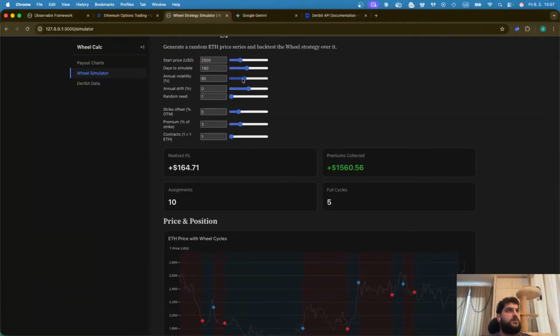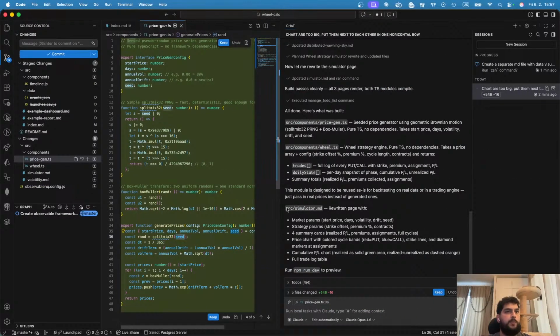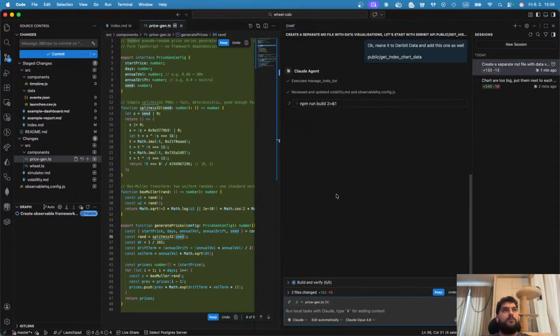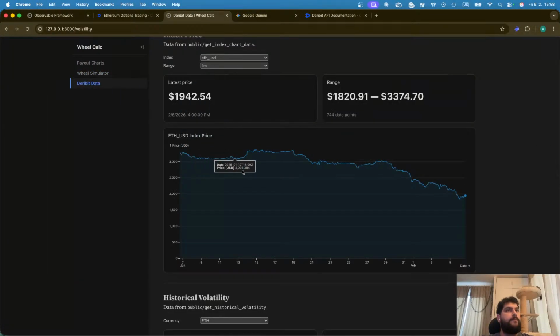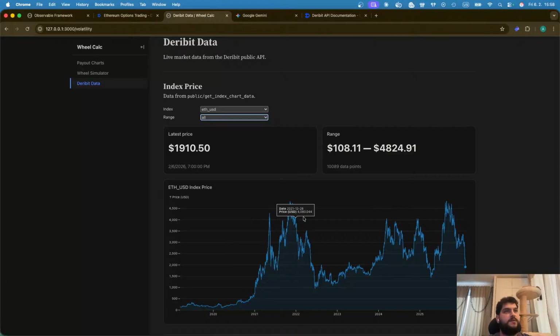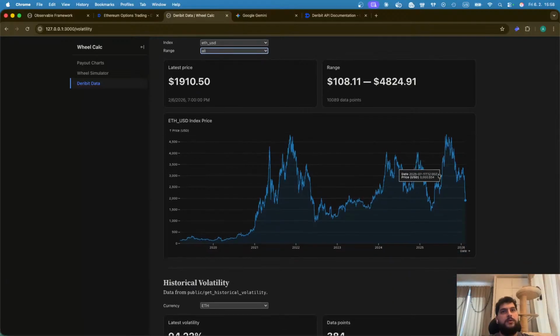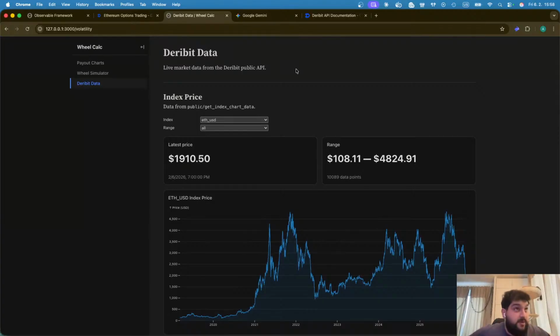Okay, so let's see how it works. Wow, we have the price for the whole year. Okay, yeah, I'm back to the Deribit data because I'm wondering what APIs we have.